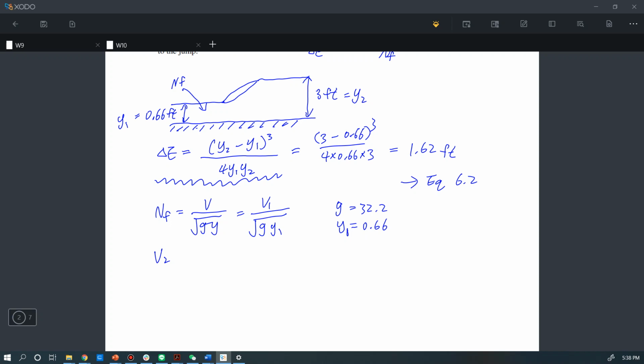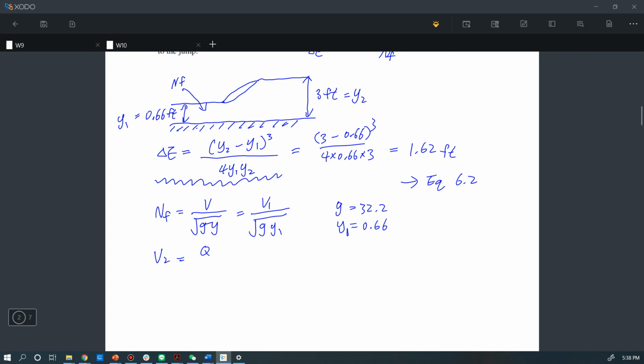And usually, when we're trying to find the velocity in a channel, we use the flow rate of the unit width divided by y. If we continue from our previous section, let me write it in more detail.